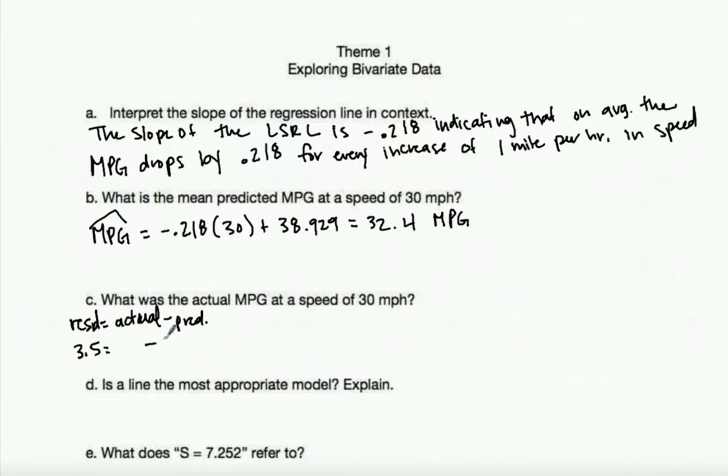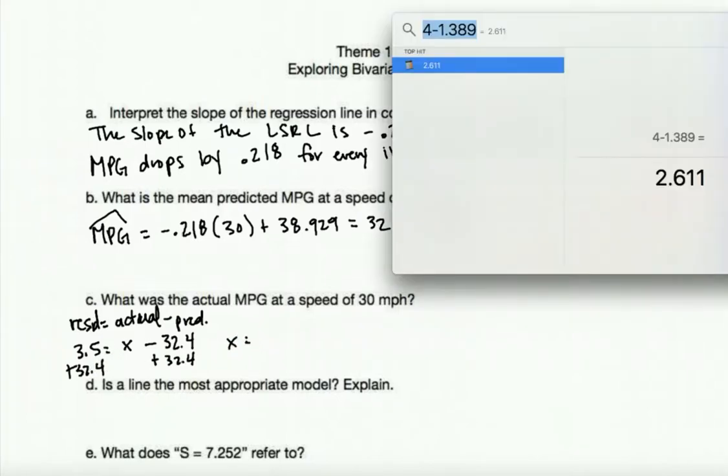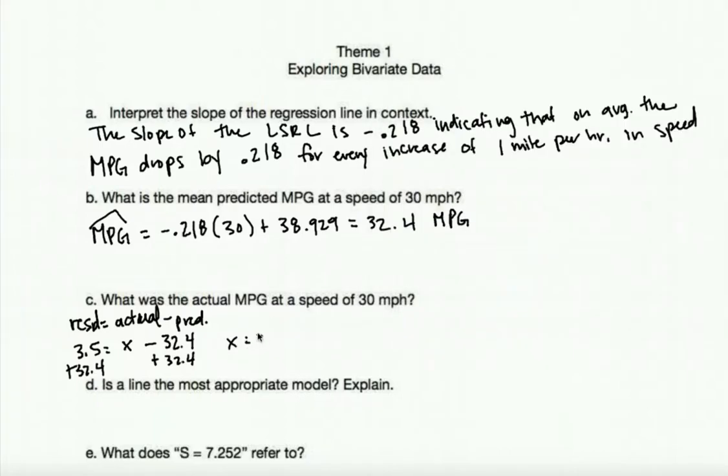Our predicted value is 32.4. We don't know what our actual is. That's what we're trying to find out. So we would add that 32.4 here, and we would get 3.5 plus 32.4 to be about 35.9, which is roughly 36 miles per gallon.